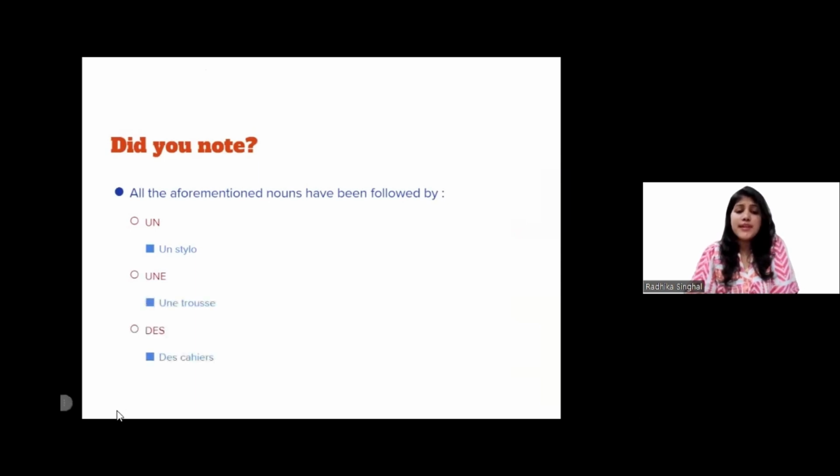As examples, I've picked un stylo, une trousse, des cahiers. Okay, the object is stylo, trousse, cahier. What is this un, une and des that I have put in front of each noun? So these are the articles.